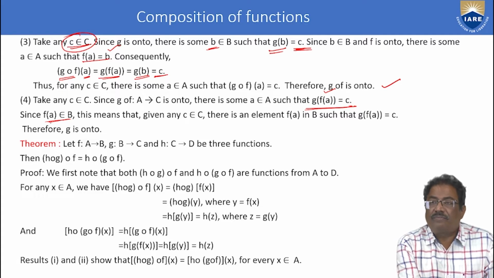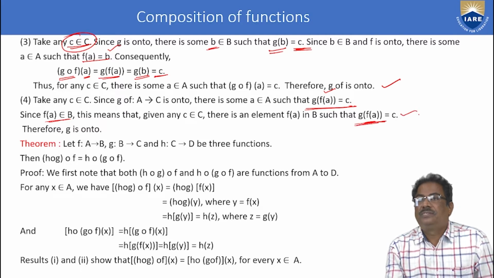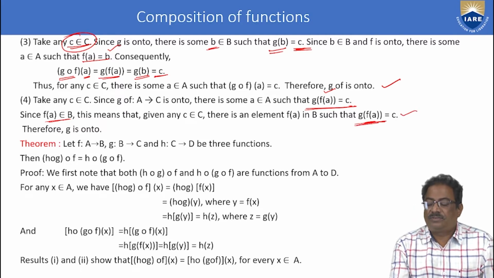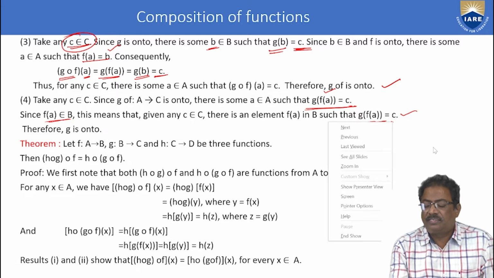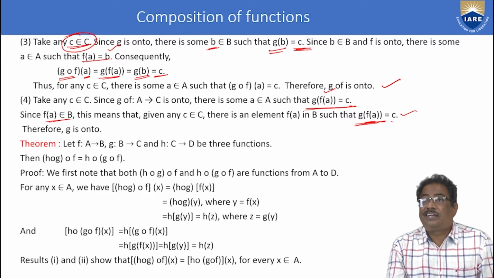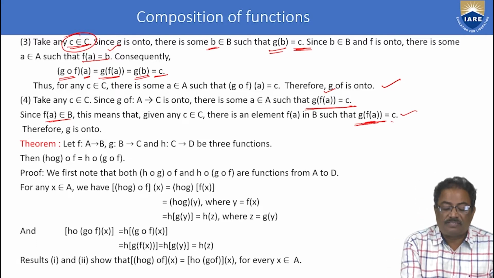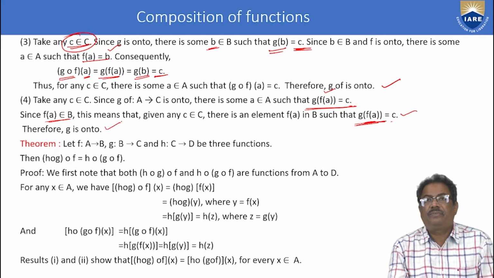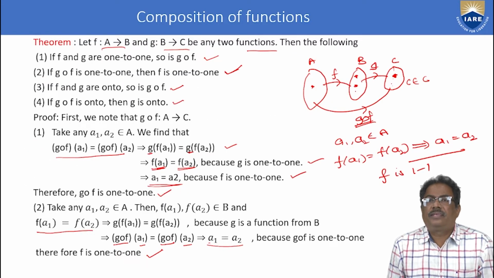Subsequently, this f of a is also an image under g. So g of f of a is c. So I am going to consider that c is having a pre-image under g. That pre-image is f of a. So we can say that g is onto.